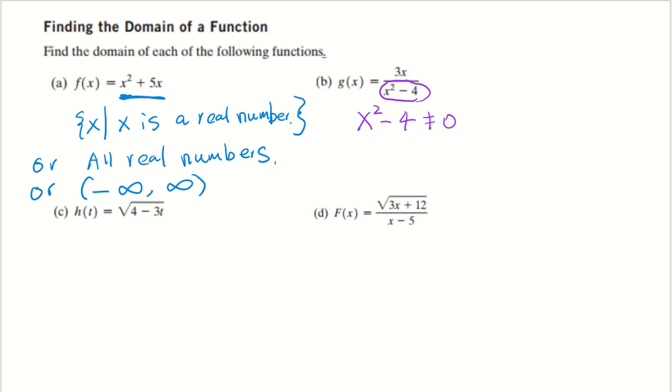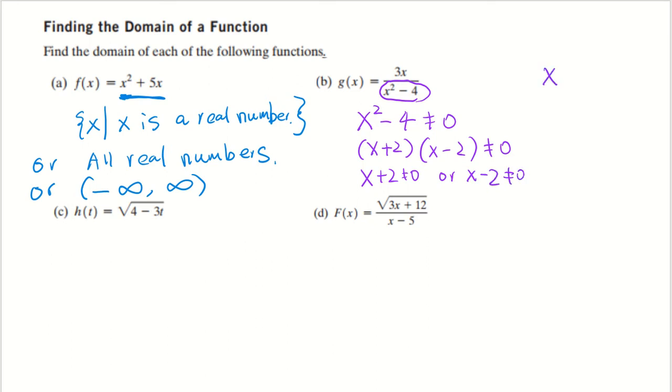Well, if we factor it, that will be x plus 2 times x minus 2. This number cannot be equal to 0. So that means x plus 2 cannot be equal to 0, or x minus 2 cannot be equal to 0.